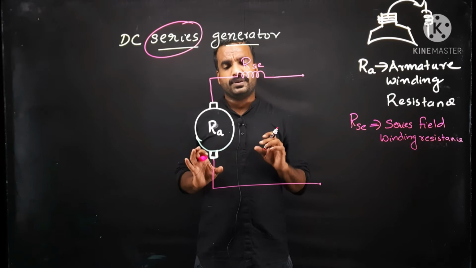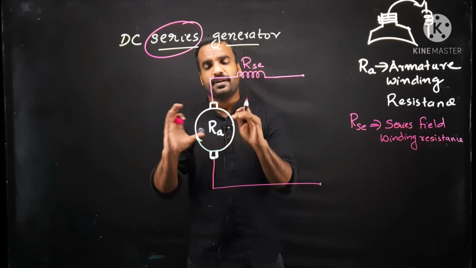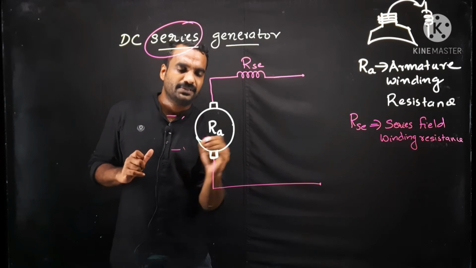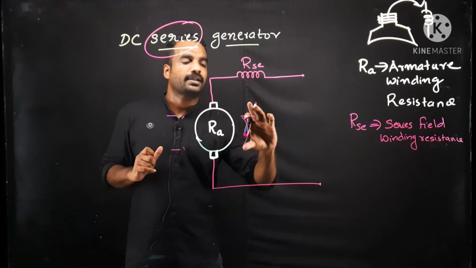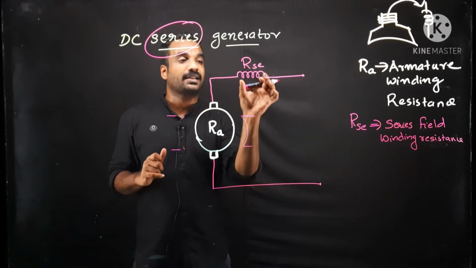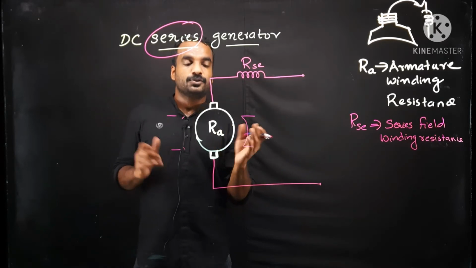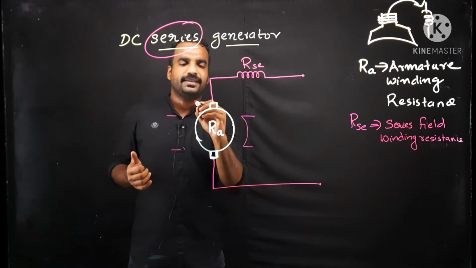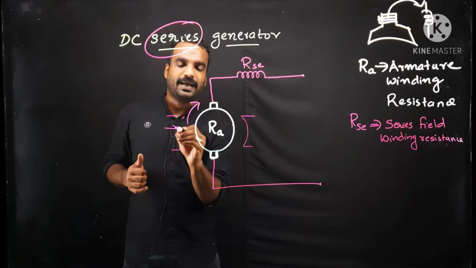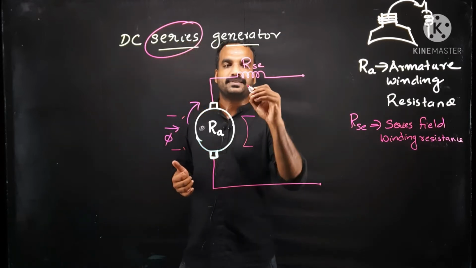So we know that the field windings are there. I will not represent the poles, but we are representing that the windings of these poles are connected in series with the armature. So what happens when the armature rotates and flux is passing? Why is flux passing?